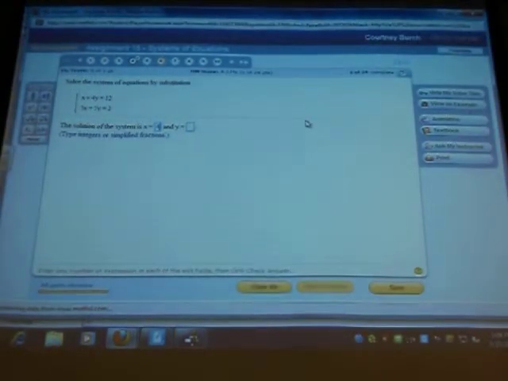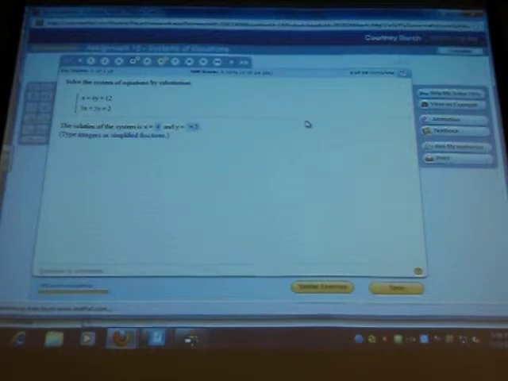Now you couldn't graph this, just put those in and graph these, can you? You can't put them in like this. You can graph every single one. You just have to manipulate the equations a little bit to get y equals. Or let's say you did graph that, would the intersection be 4, negative 2?